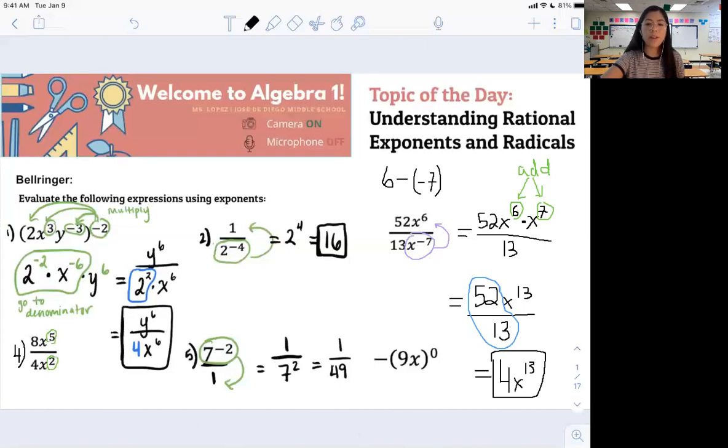And then what else can I do to simplify that? Divide the 8 by 4. Divide 8 by 4, and it would be 2x3. Good. Since I can also divide, let's just do that all in one. 8 divided by 4 gives me 2. 5 minus 2 is 3. So just like Chris said, this is going to be 2x to the power of 3.